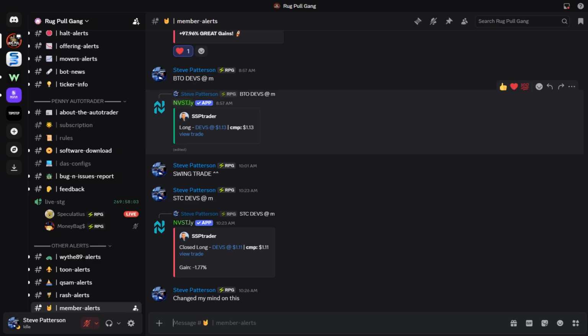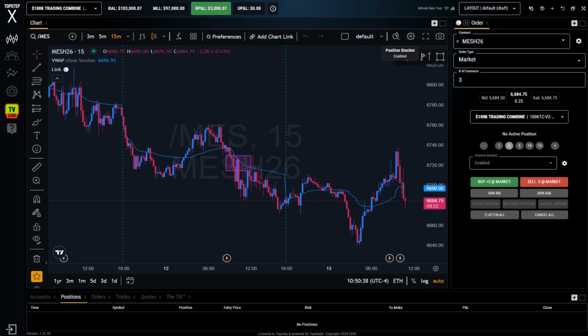But in the process of trading penny stocks, I noticed something that I'd never seen before, and I thought, well, I wonder if it would apply to larger caps. I thought, well, of course it would. Why wouldn't it?